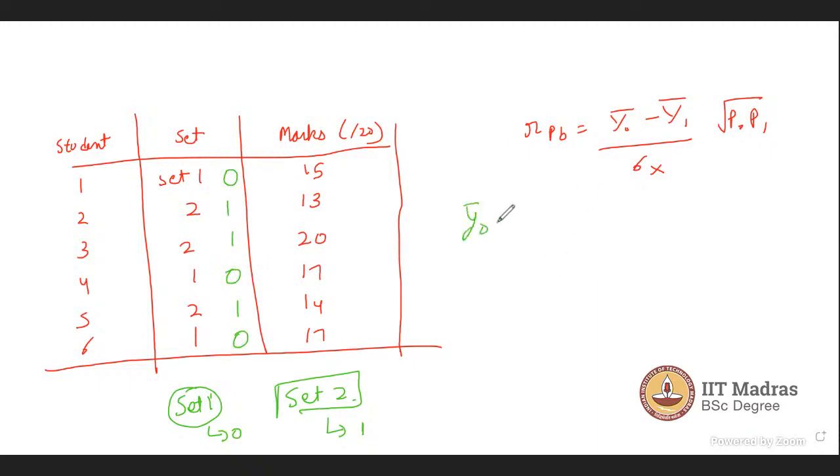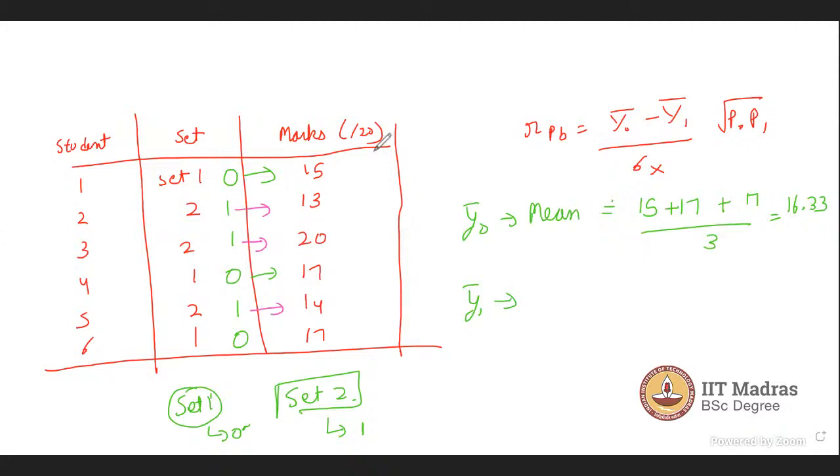Now y naught bar is the mean of the values associated with 0, which is 15 plus 17 plus 17 divided by 3, which comes out to 16.33. y1 bar is the mean associated with the values for 1, which is 13, 20, and 14. So 13 plus 20 plus 14 divided by 3, which was 15.62 something.